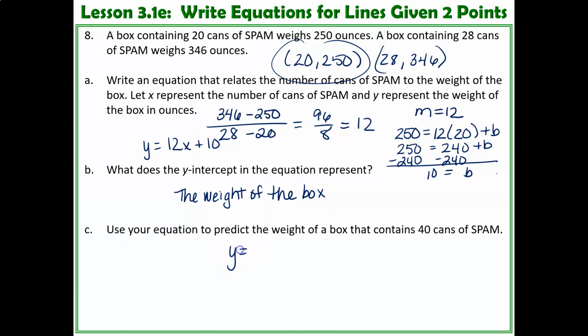So we're going to plug in 40 cans. This is a 10. So we have 480 plus 10, which is 490. So that's the weight of a box that contains 40 cans of Spam, and that's ounces.